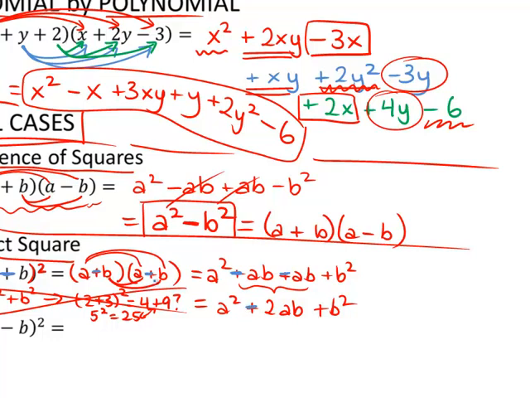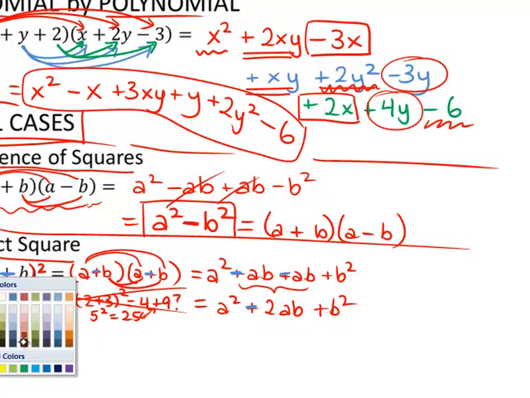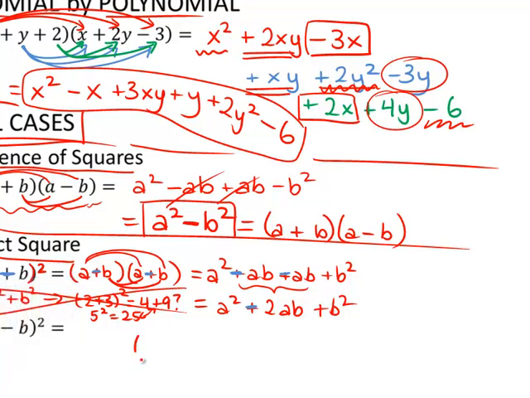And then negative b times negative b would then also be positive. So essentially, what we can say is that anytime we have a plus or minus b squared, we're going to have the first term squared, then we'll have plus or minus, depending on what this was in the center, twice the first times the last, which was double the middle term, and plus the last term squared.